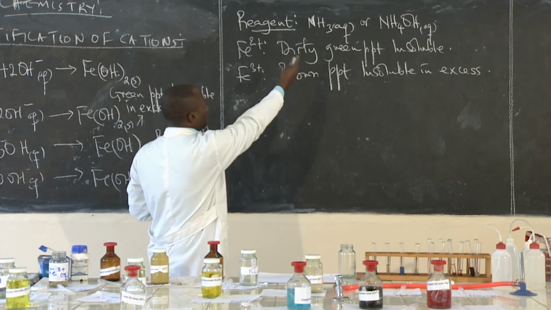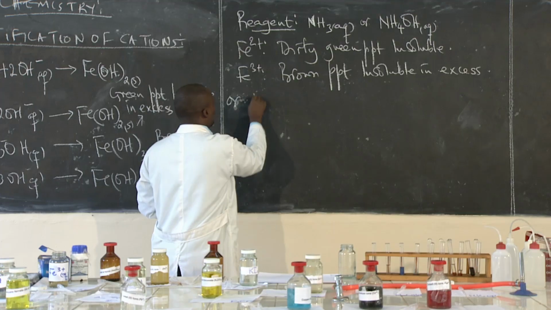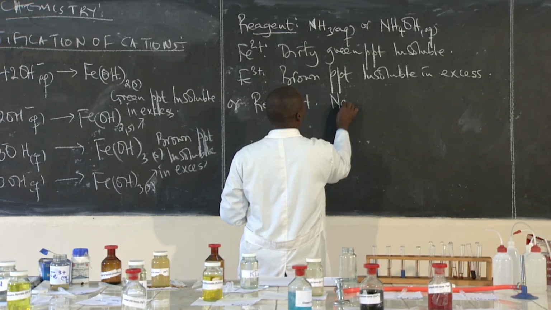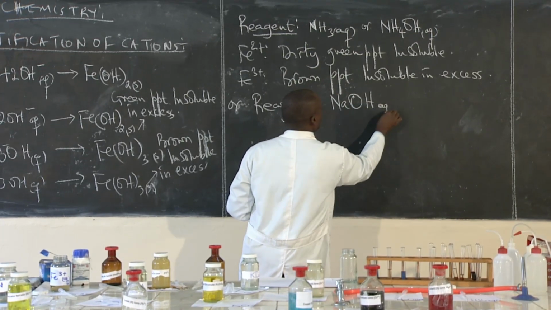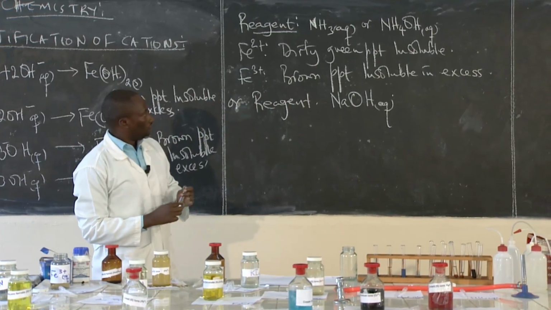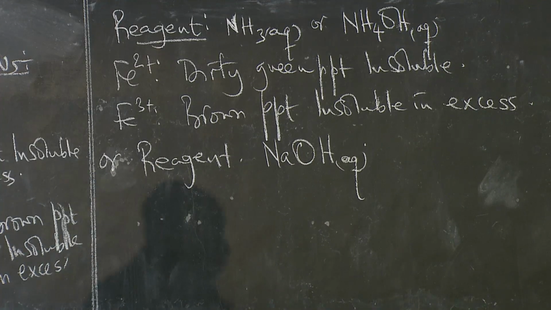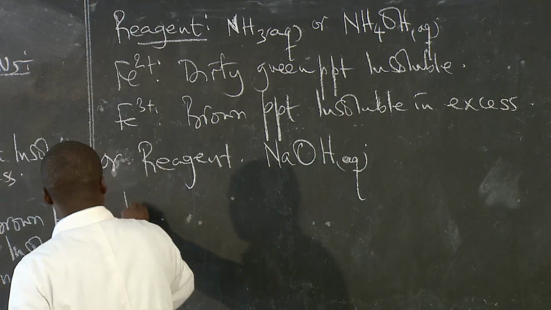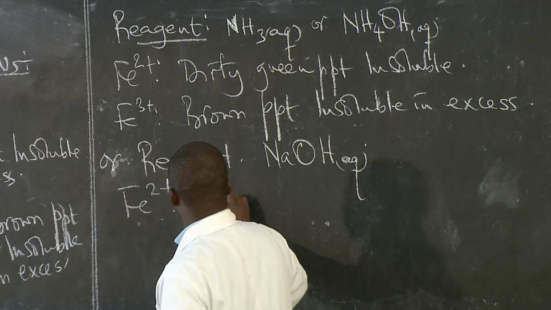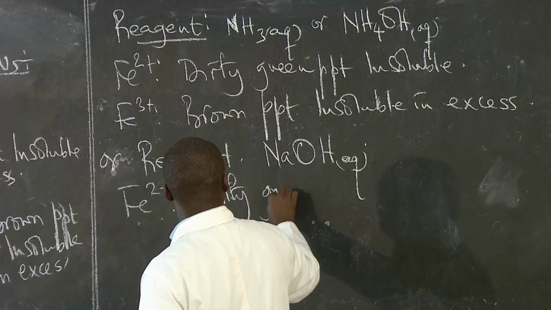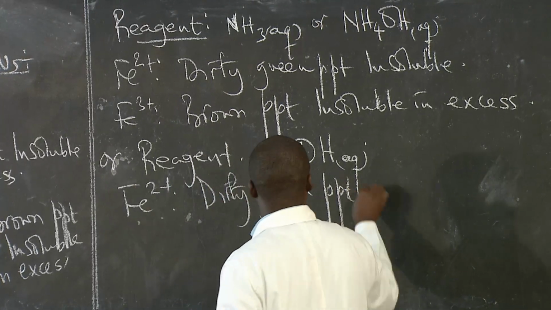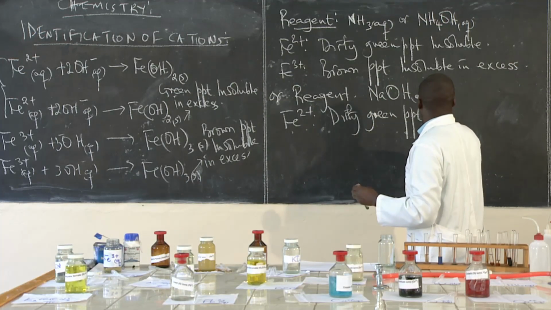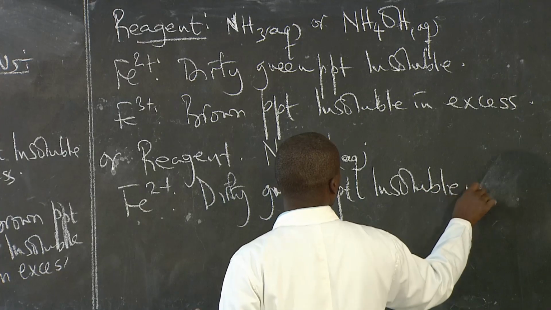You can use ammonia or you can use sodium hydroxide. Sodium hydroxide, you still remember the observations? Some of them are still here. When you use sodium hydroxide with iron 2, we are getting also a dirty green precipitate, which can also be called a gelatinous dirty green precipitate, which is insoluble in excess.